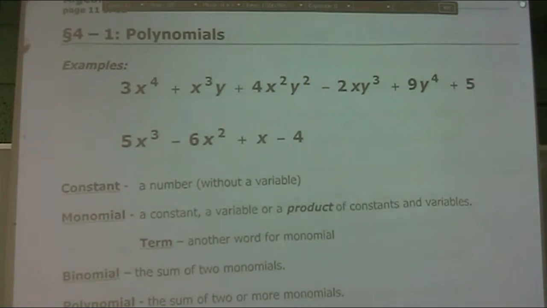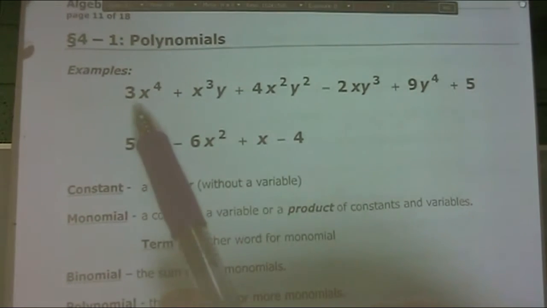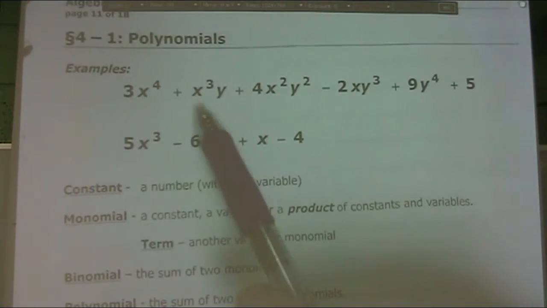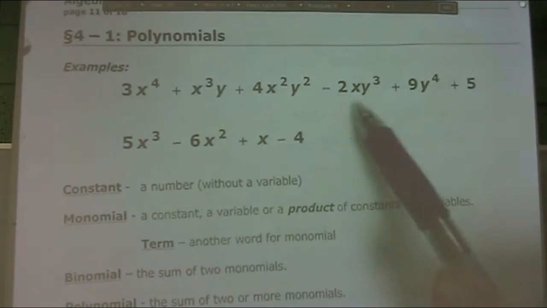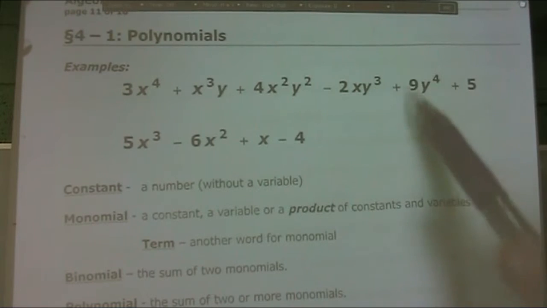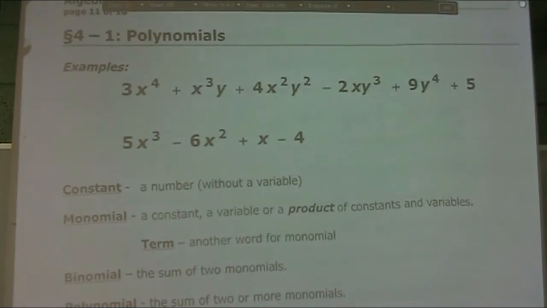Now, a monomial is a constant, a variable, or a product of constants and variables. And remember, product implies multiplication. So what it means is numbers and variables multiplied. Another word we use for monomial is term. Now each of these is a monomial, and even the constant is a monomial.